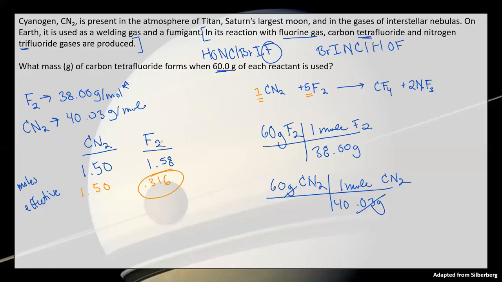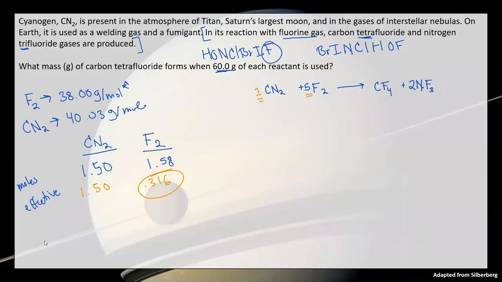So we know we're going to run out of fluorine first. You could also go through the trouble of determining how much mass you would get from 60 grams of each of these, and then seeing which one is less. That would also tell you which one's your limiting reagent. But we can see that we're going to run out of fluorine much, much more quickly than anything else. So we can move on doing our stoichiometry with fluorine.